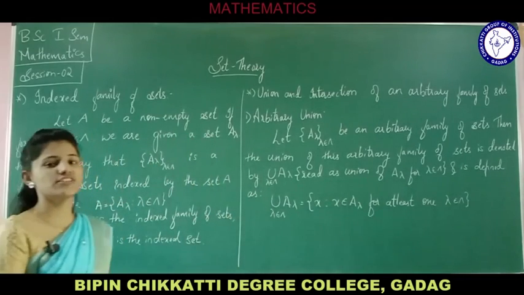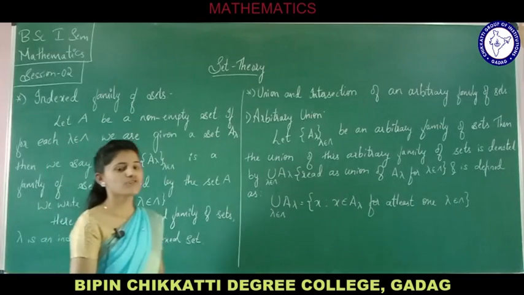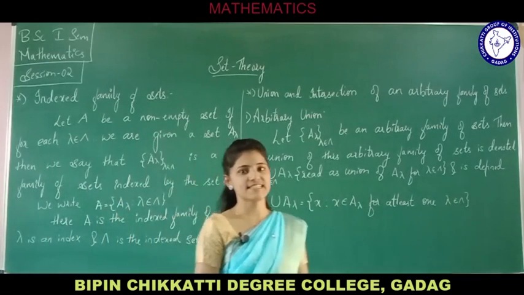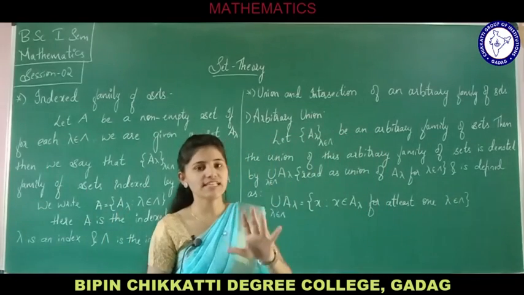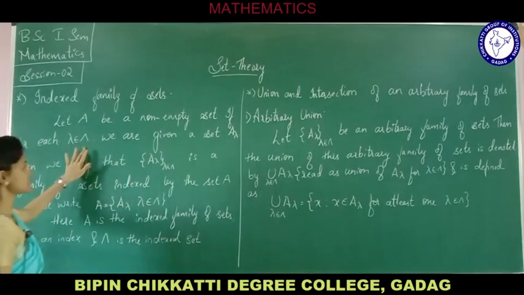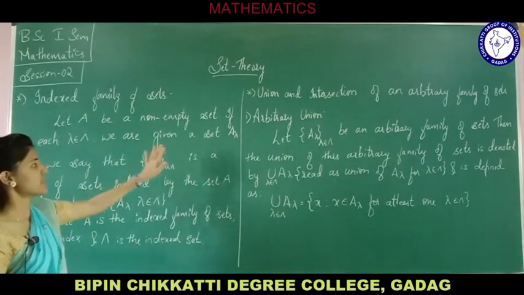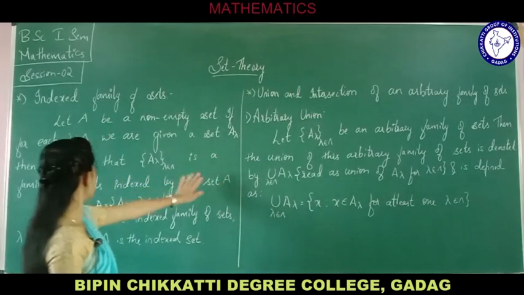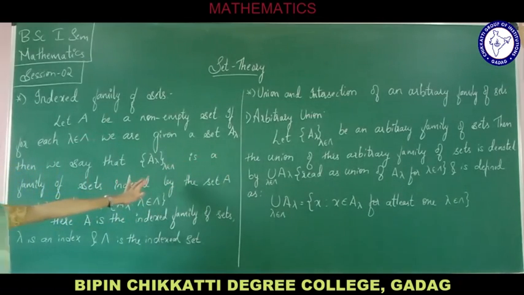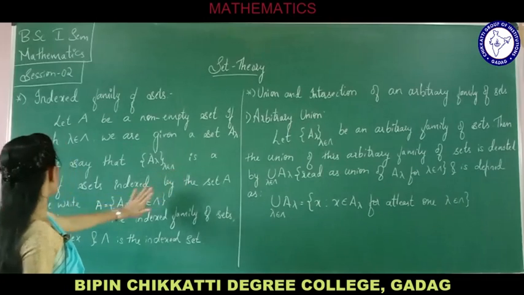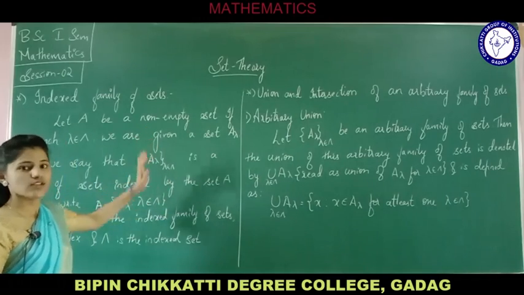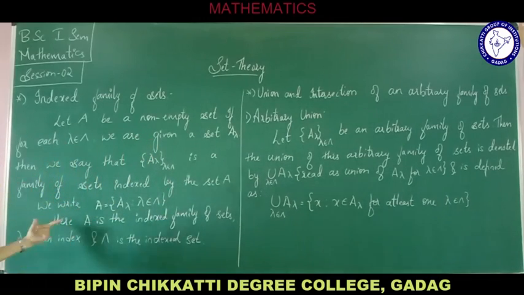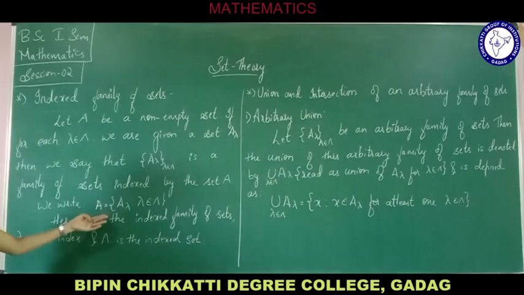So how are we going to define the indexed family of sets? Let us consider a non-empty set A. Then for each lambda belonging to this index set, we will be given a set A lambda in such a way that A lambda, where lambda belongs to the indexed set, is the family of sets indexed by the set A. We write it as, here the set A, this is the indexed family of sets.